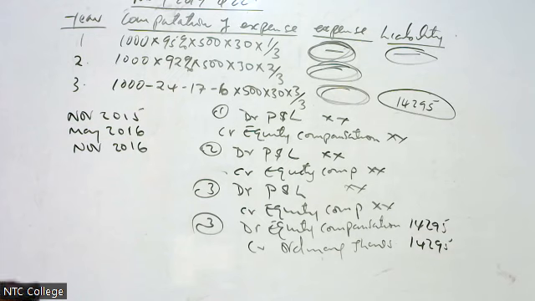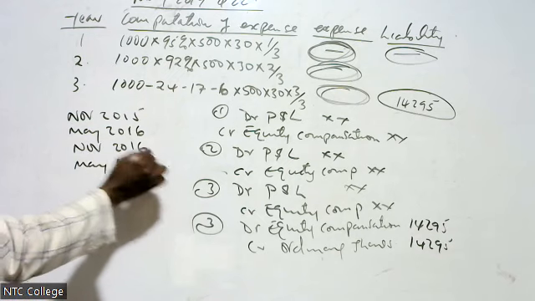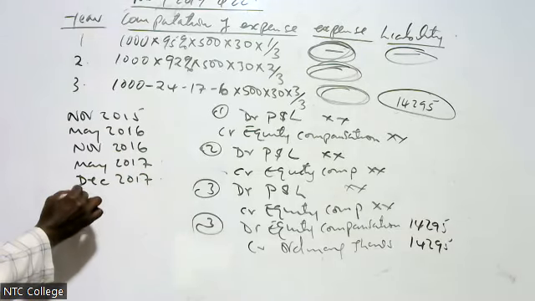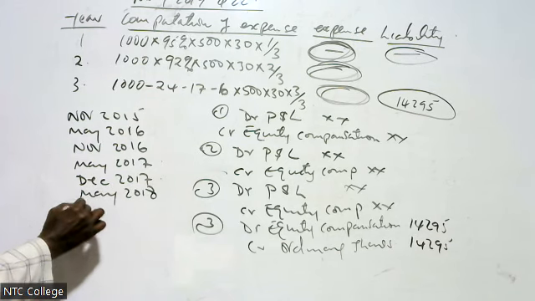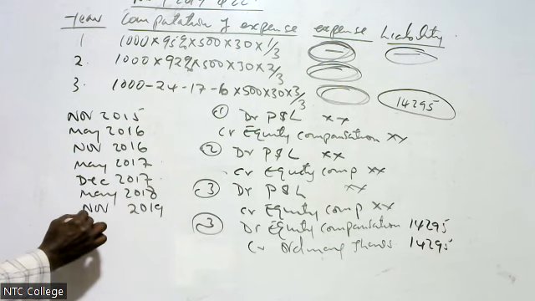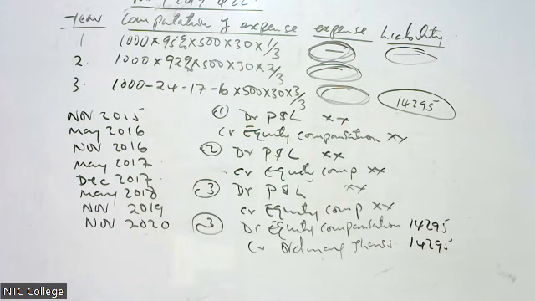We look for them. You go to May 2017. This one we have done. December 2017, and May 2018, and November 2019. Then we have November 2020. These are very common topics, therefore don't underrate it. Very common.